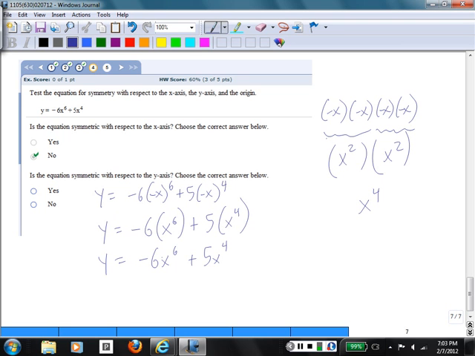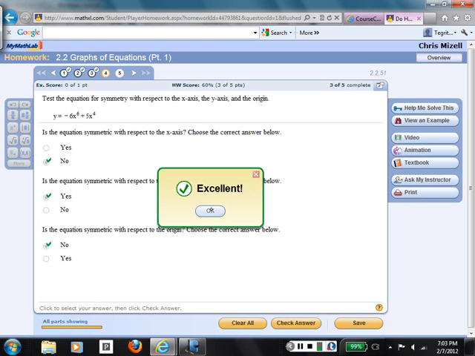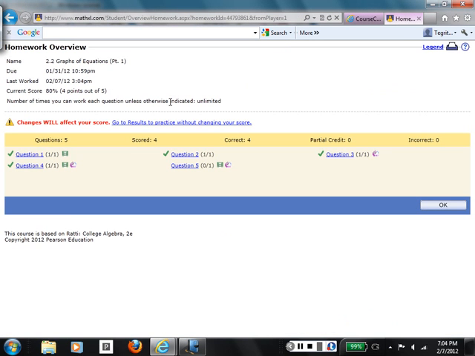This is what we started with. So this is a yes, again, for the y-axis symmetry. And if it's a no for x and yes for y, what can we say about origin symmetry? It's a no. Can't have two without having the third.